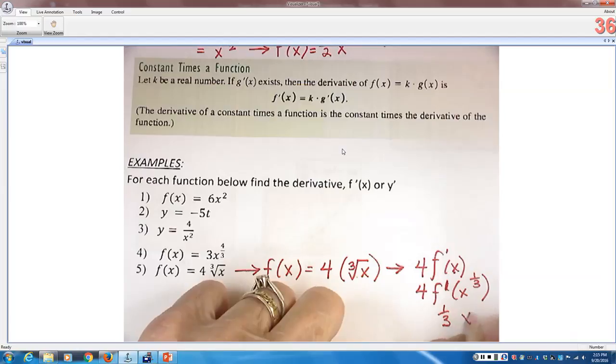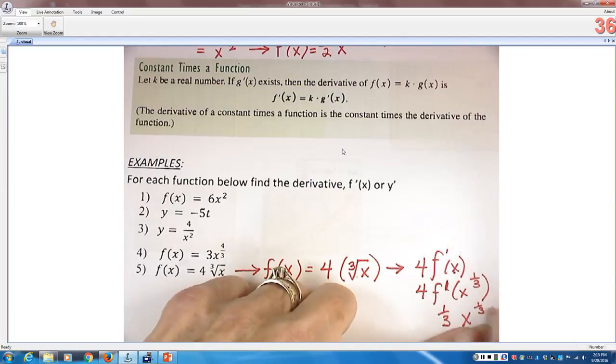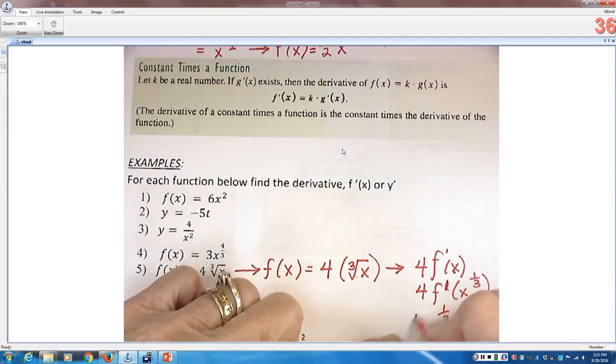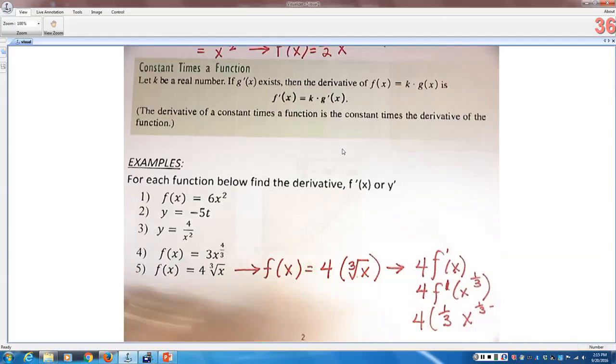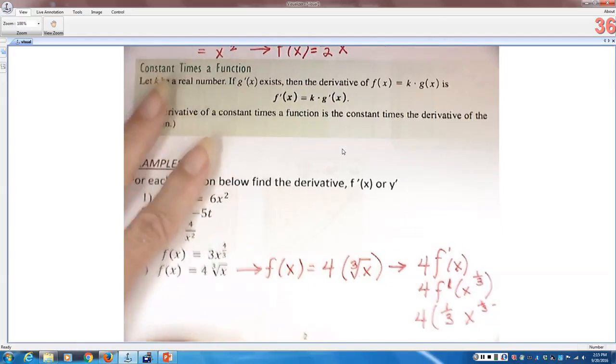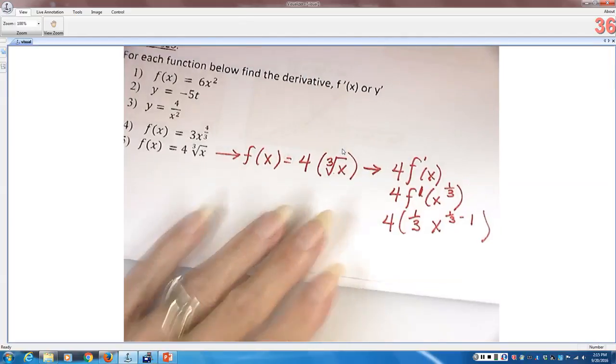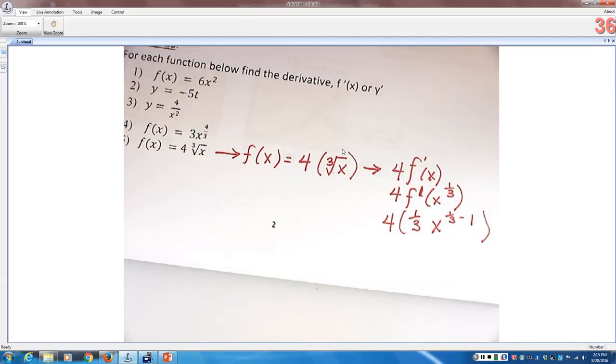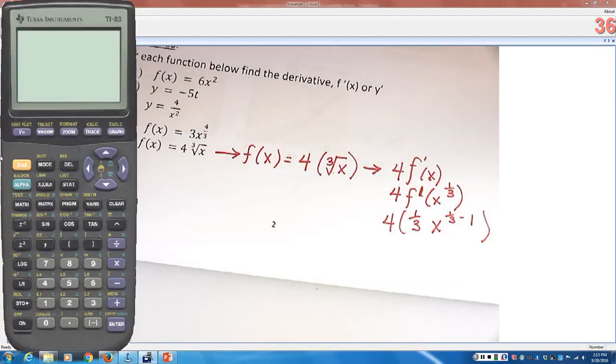1/3 x to the 1/3 minus 1, and there's a 4 still sitting out in front, for that 4 that was in front of the cube root. So what's 1/3 minus 1? And at this point, if you can't do fractions, I don't care.